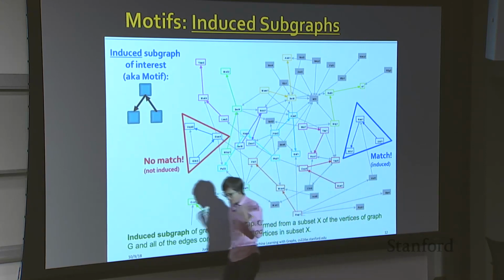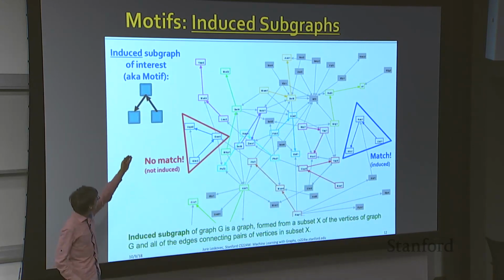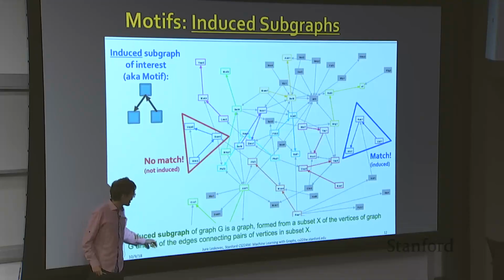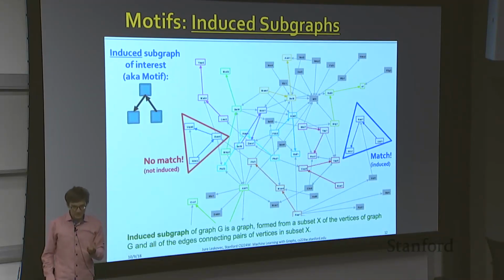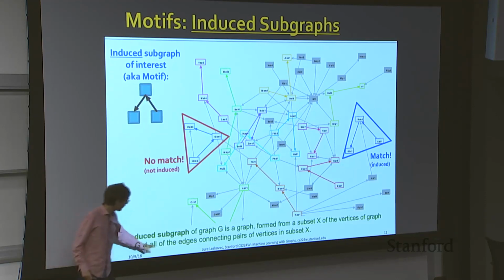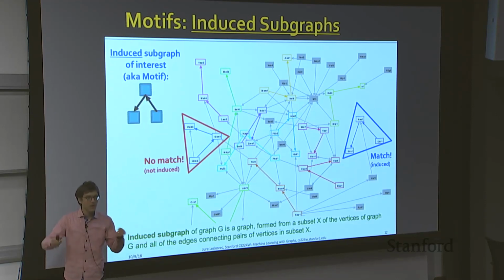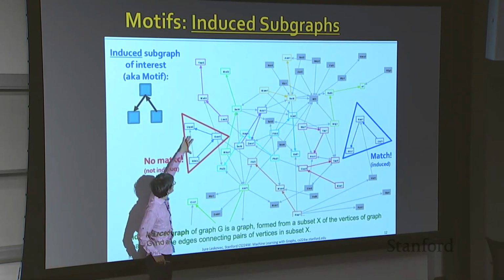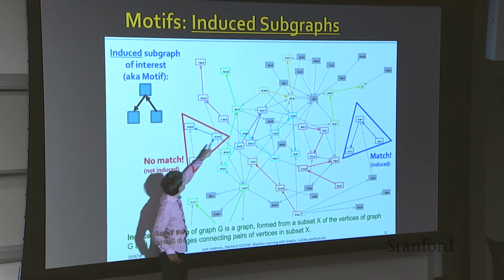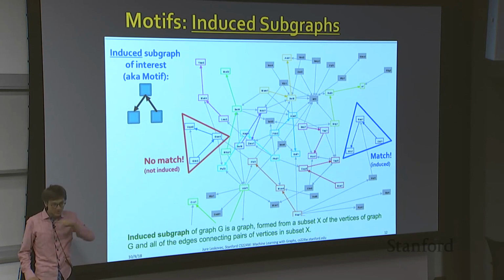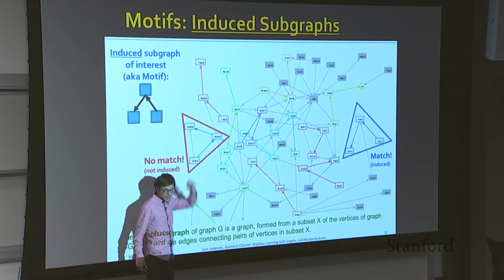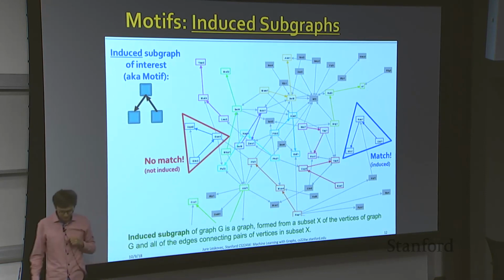So an induced subgraph of a graph is a graph formed from a given subset of nodes and all of the edges connecting pairs from that subset, including this edge. That's why this is not an instance: it is an instance of a different motif. This is an instance of a feed-forward loop, and not this chain of length 2. Okay? So this is how we define an induced subgraph.